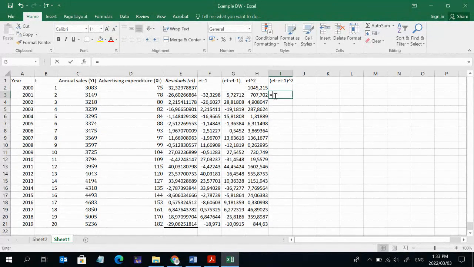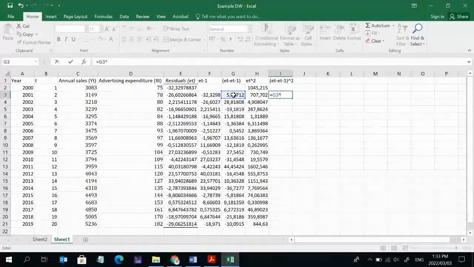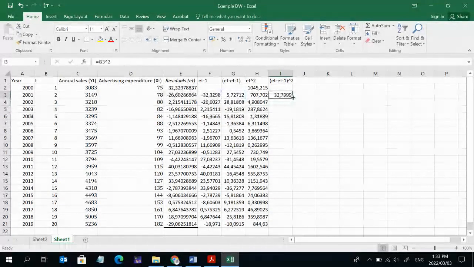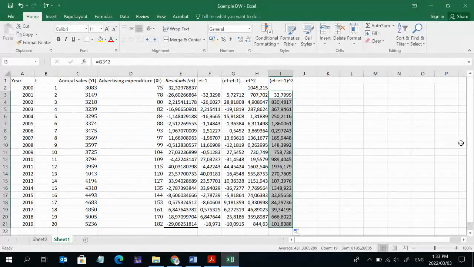What is it for? It's for ET minus ET minus 1. If you look at our formula for the test statistic, in the numerator, we have ET minus ET minus 1. So we are calculating the values for that column. Yeah, thank you, sir.